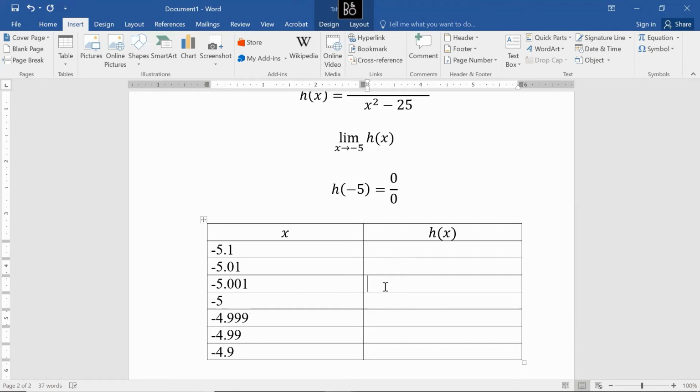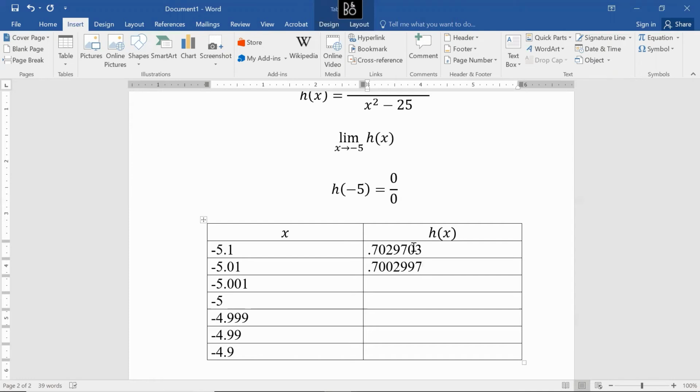So let's plug in -5.1. I'm just going to plug in all of these. -5.1, we get 0.70299703. If I plug in -5.01, I get 0.700297.